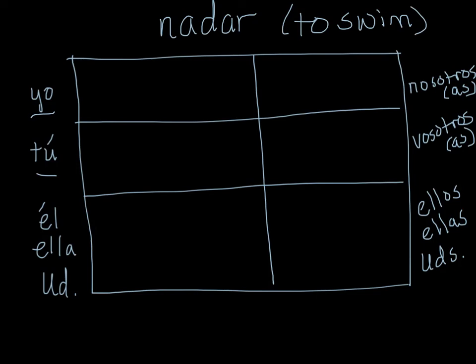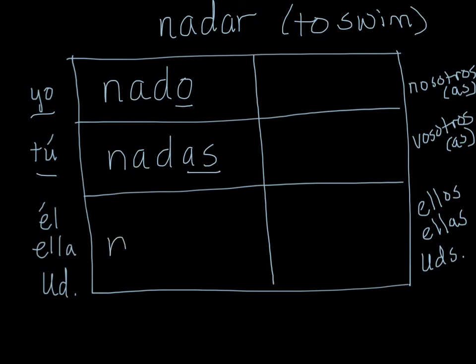Okay, so now I'll show you how you should conjugate this verb. See if you did it correctly. Yo nado. We have an O ending for yo. Tú nadas. You swim. Él or ella or usted nada. Just an A ending.